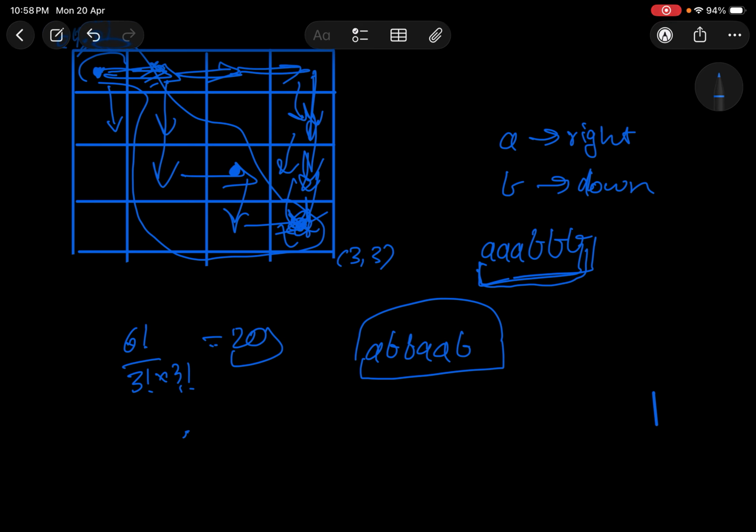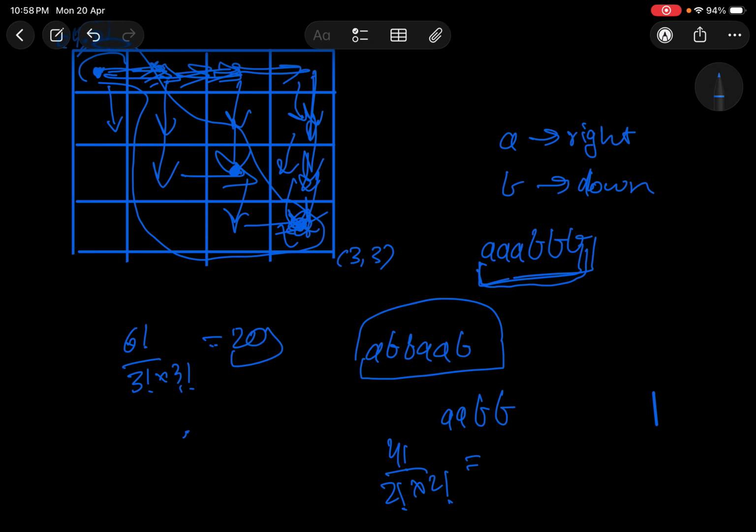Let's see the total number of ways the ant can reach the 2 comma 2 square. It has to move right 2 times and down 2 times to reach the 2 comma 2 square. So basically we have to find the total number of arrangements of A and B, that is simply 4 factorial upon 2 factorial into 2 factorial.